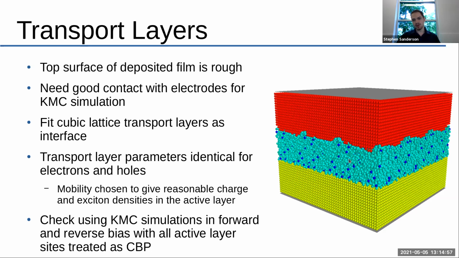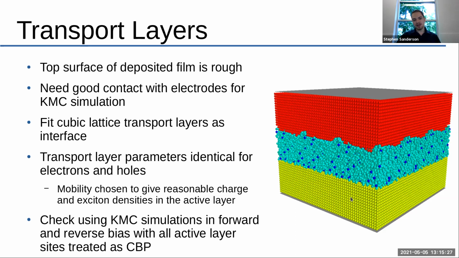So what we've done is put some prototypical transport layers around the film. This is just a cubic lattice that we've fitted to the rough surface, so it fills in the voids. And we've again randomly assigned energetic disorder and chosen transport parameters so that the electron and hole mobility in the transport layer is the same.